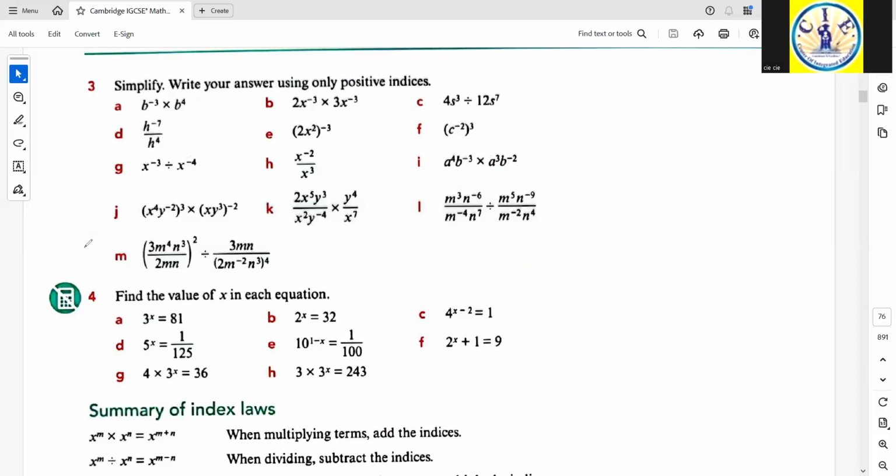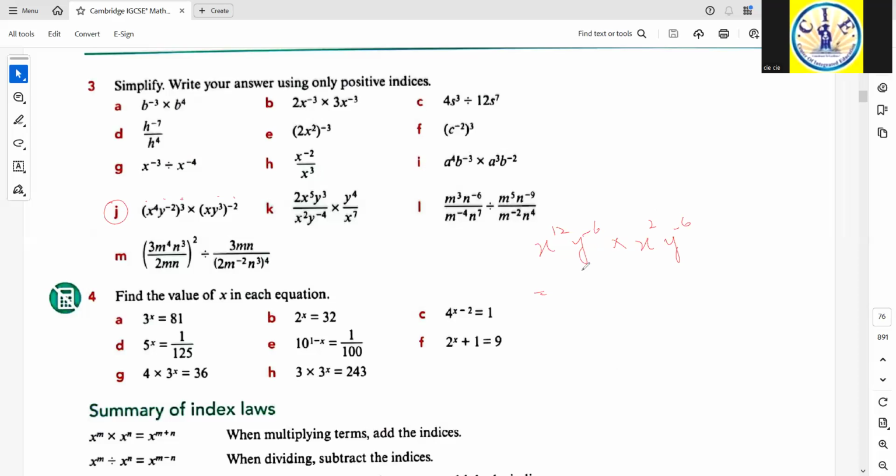Okay, now part J, x raised to the power 4 times 3, 12, then y raised to the power negative 2 times 3, negative 6 times x squared, and then y raised to the power 3 times negative 2, that is negative 6.